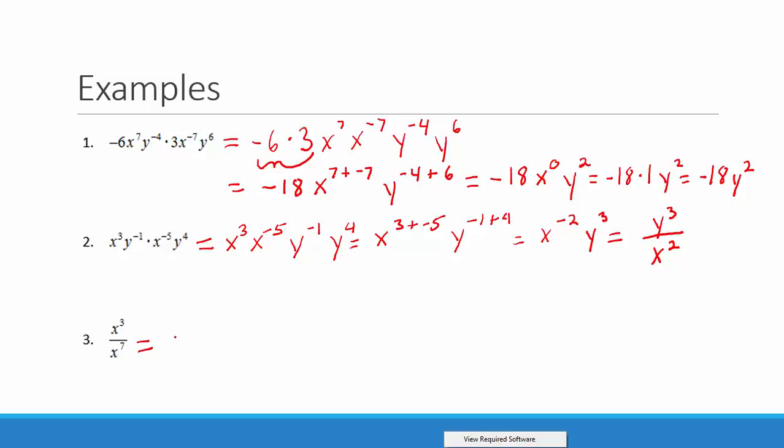When we divide, we subtract exponents of like bases, the top exponent minus the bottom exponent. 3 minus 7 is equal to -4. That is a negative exponent, so we will rewrite it as a positive exponent by putting it in the denominator. So our answer is 1 over x to the 4th.